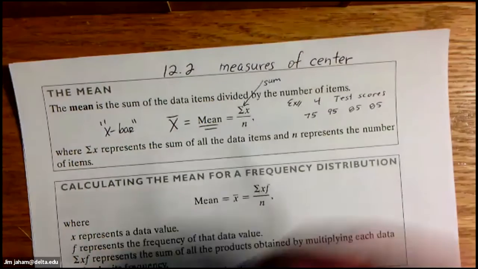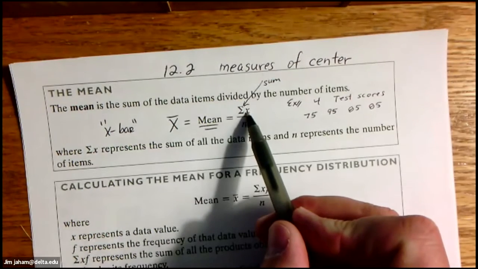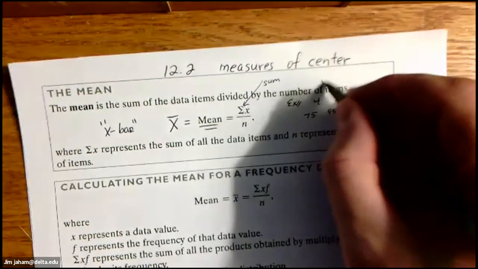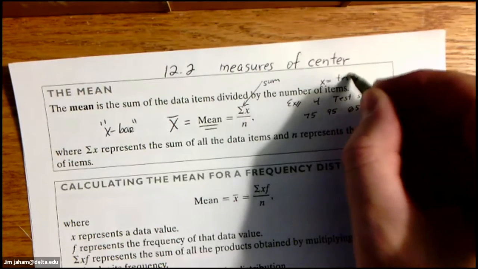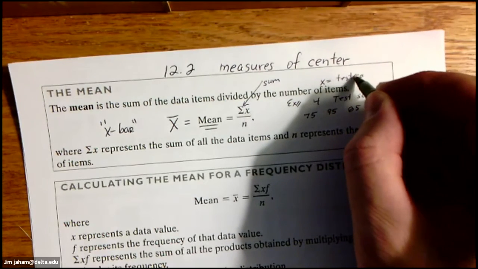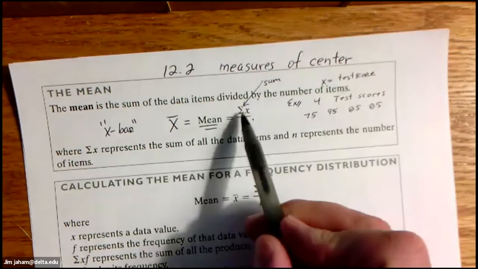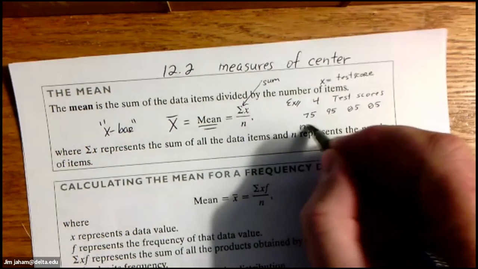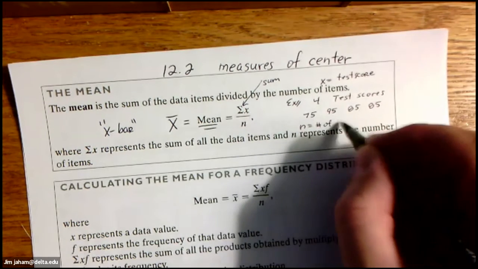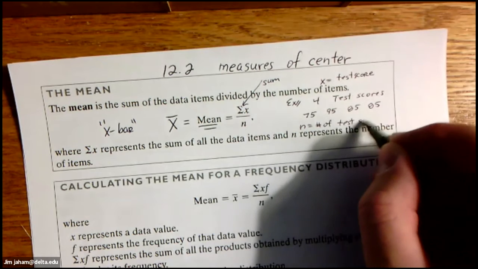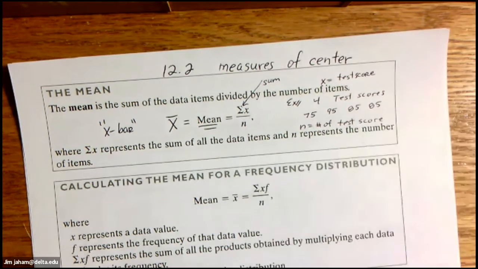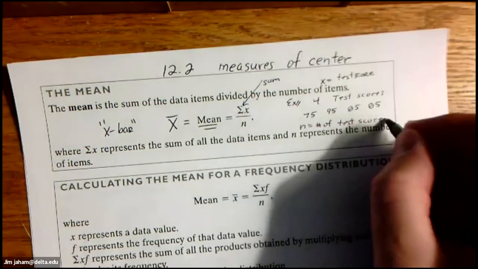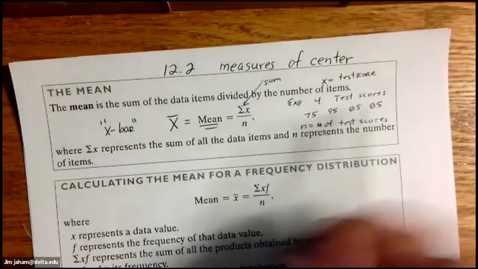So the sum of all the test scores, where X equals test score. And N is equal to the number of test scores. In general, N is equal to the sample size. So since we have 4 test scores, we divide by 4.